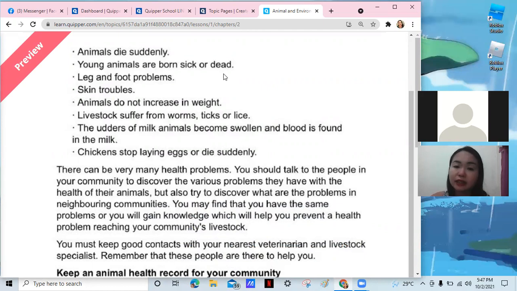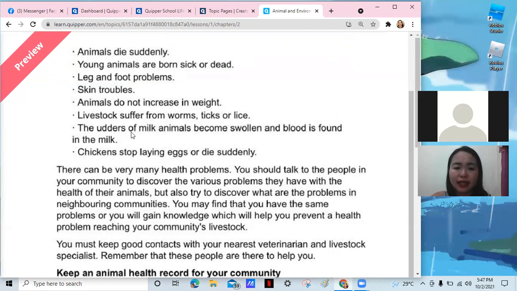They could be genetic, or maybe stress in our pregnant animals, and leg and foot problems. They could be skin troubles, diseases, or why the color is different. Animals that do not increase in weight through time. And also livestock suffering from worms, ticks, or lice.